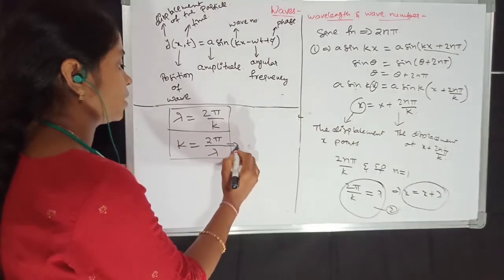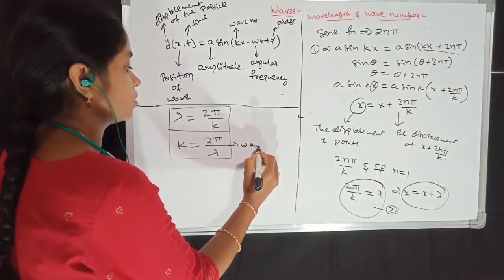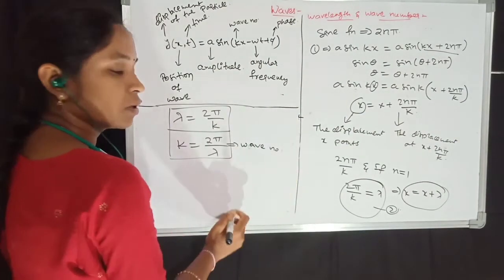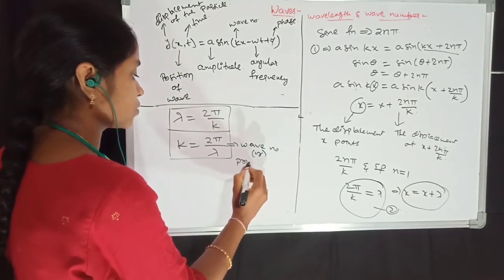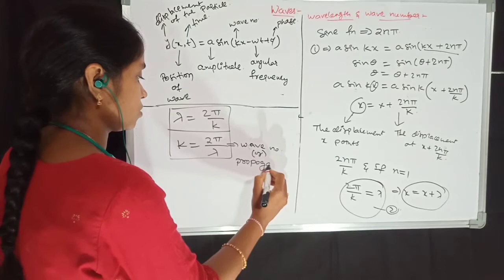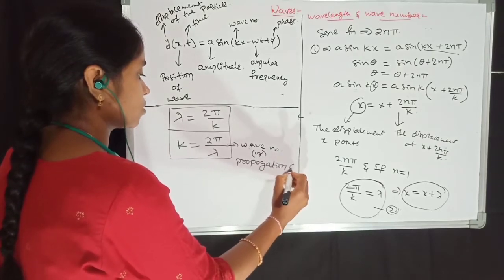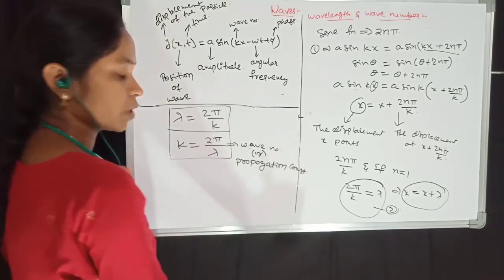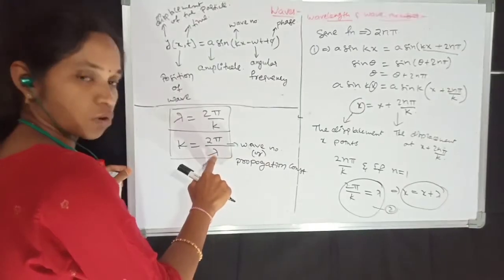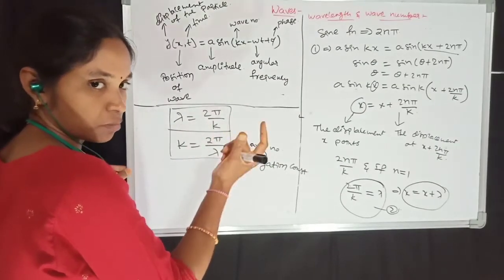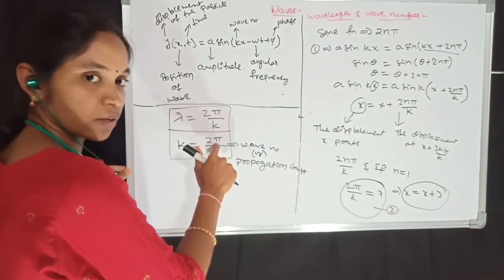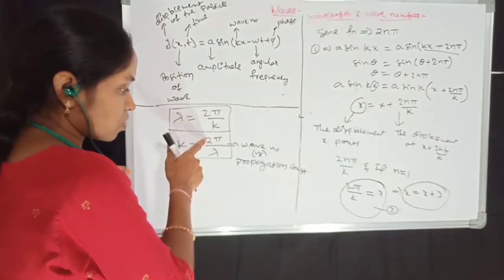And this wave number is also known as propagation constant. As the wavelength is constant, and this 2 pi is a number, also constant, both these terms are constant.